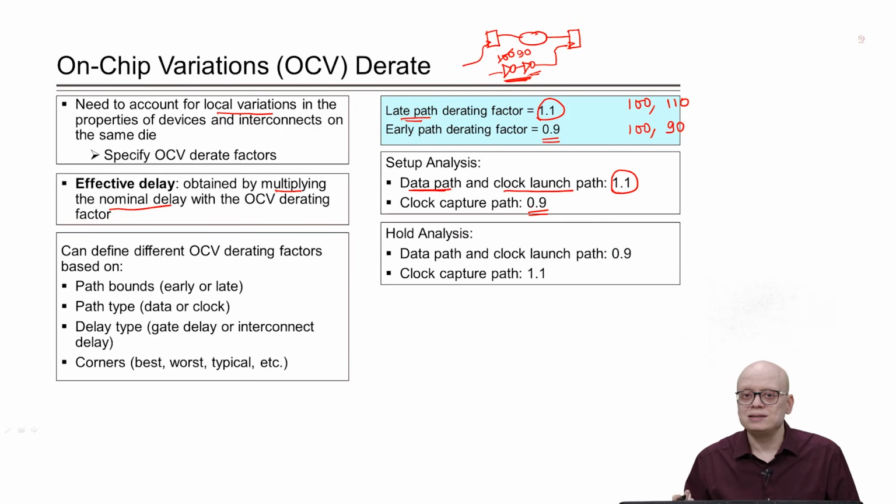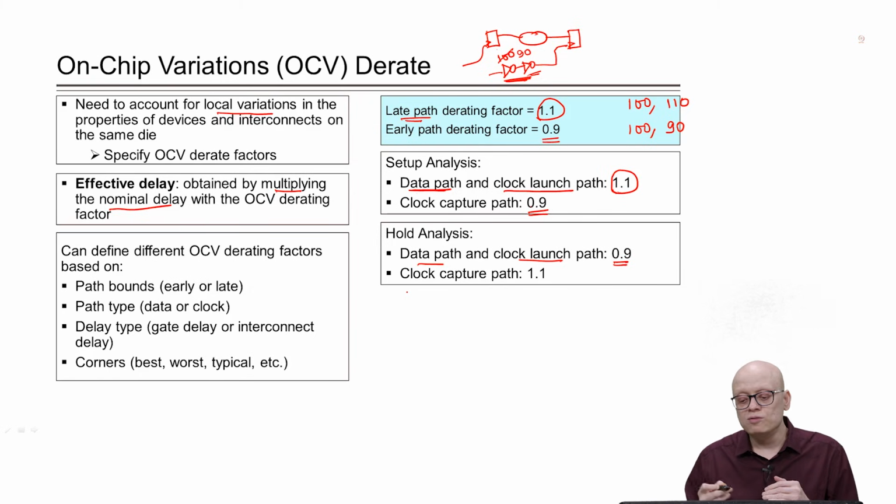Now, in the hold analysis, similarly, the data path and the clock launch path become the early paths, and if they are derated by 0.9, then the circuit is more likely to fail. And for the clock capture path, the delay is multiplied by 1.1, because then the circuit will be more likely to fail.